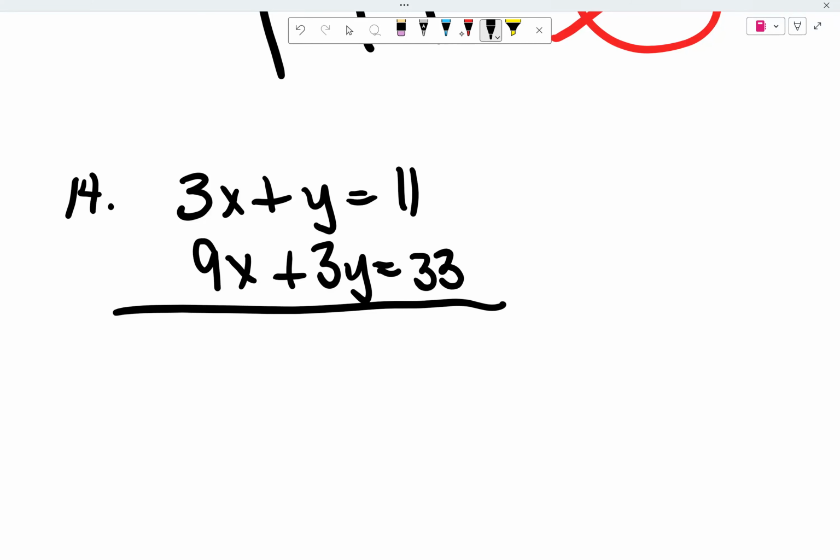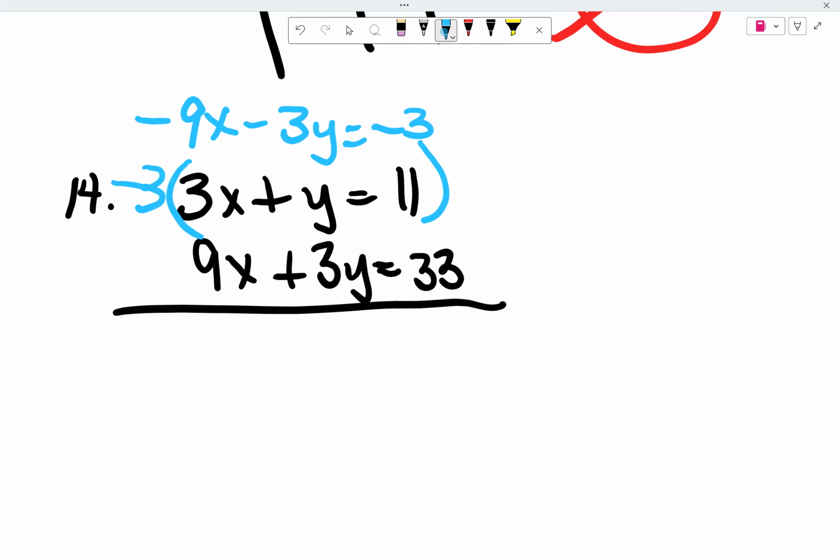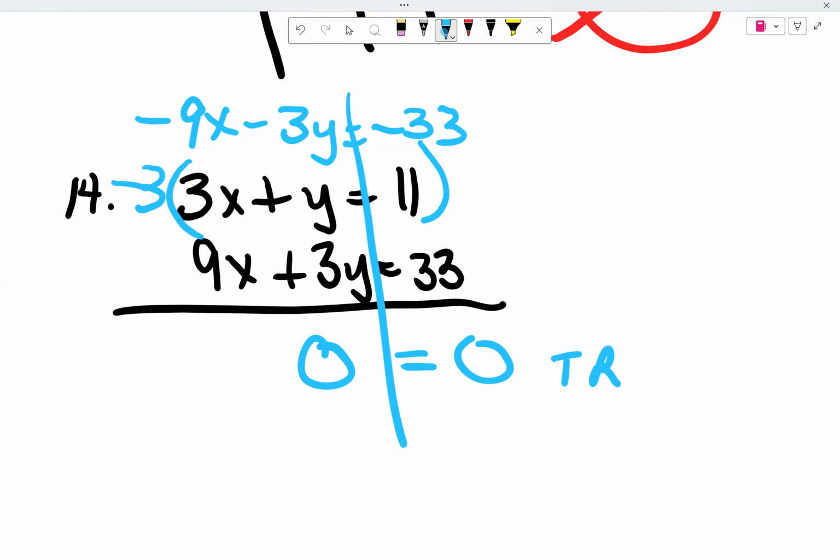So that tells me that I may want to multiply this equation by negative 3. So this becomes negative 9x minus 3y, and that equals negative 33. So if you notice in this equation, 0 is equal to 0. That is a true statement. Because it's a true statement, this means that there are infinitely many solutions.